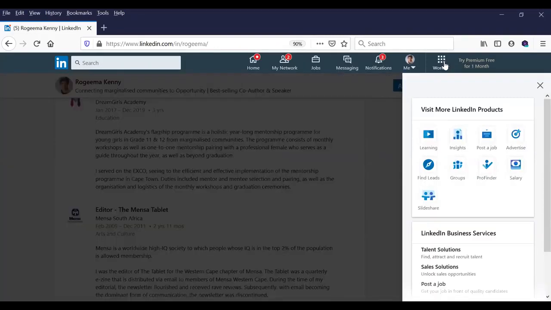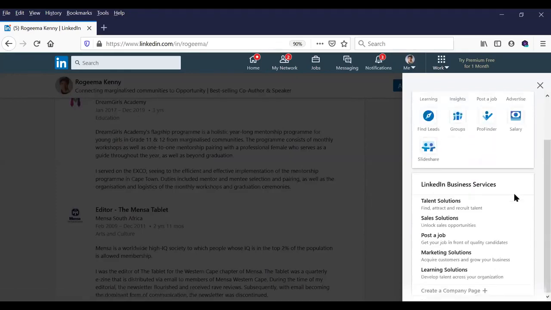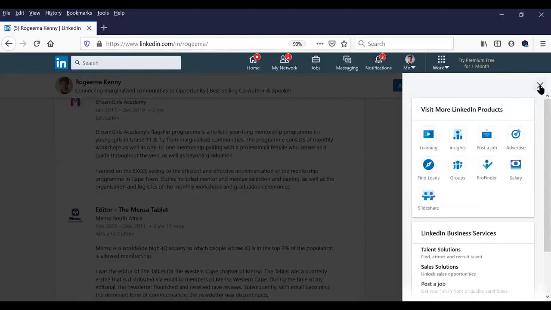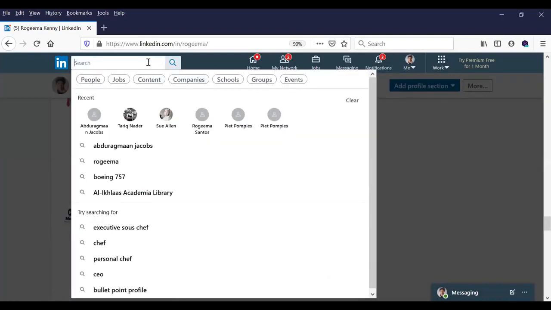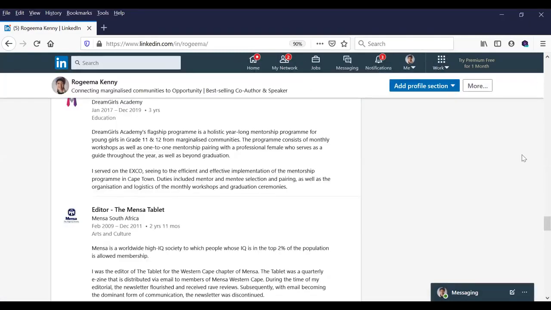If you click on that, it will show a whole lot of options, and learning is the first one. So you can just click on that. Or you can just use the search and type in LinkedIn Learning, and it will show up.